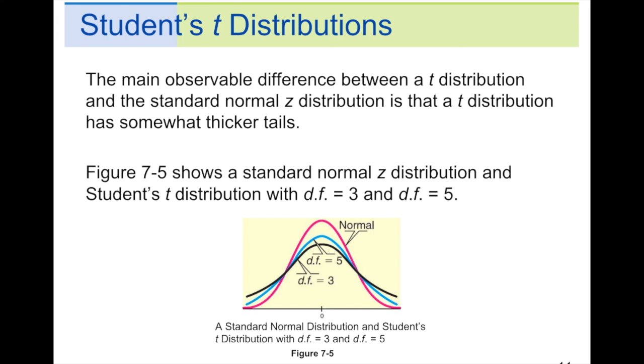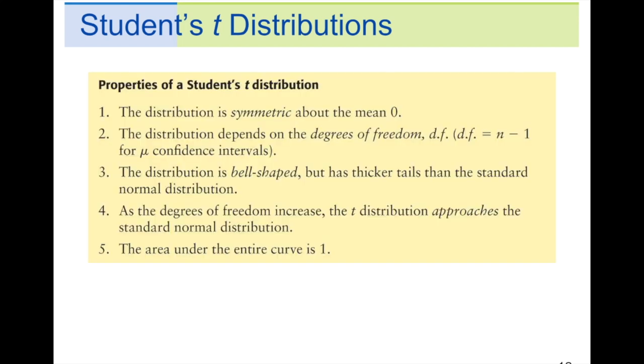Notice that the normal distribution is much skinnier and much lower than the t-distributions of 5 and 3. Those are wider, and the tails are much thicker. There's a lot more space underneath the tails. Properties of a student's t-distribution.